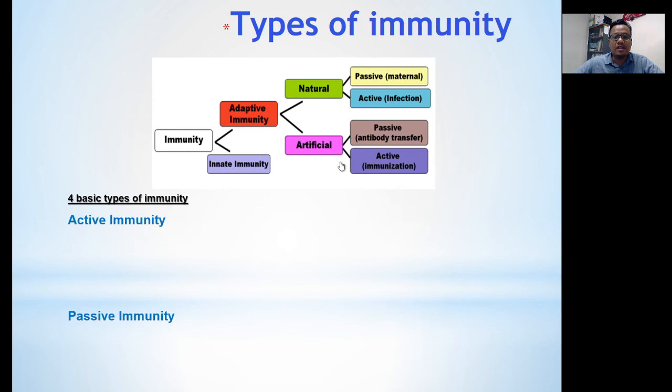Artificially, it can be either passive or active. Passive means antibody transfer. This is seldom done, not very popular, but it was also talked about earlier, I think around April or May, quite a hot topic. People were talking about whether we can transfer antibody from COVID-19 patients.